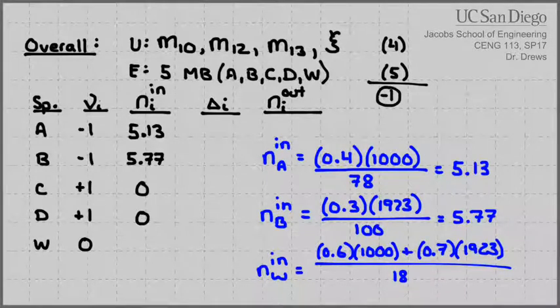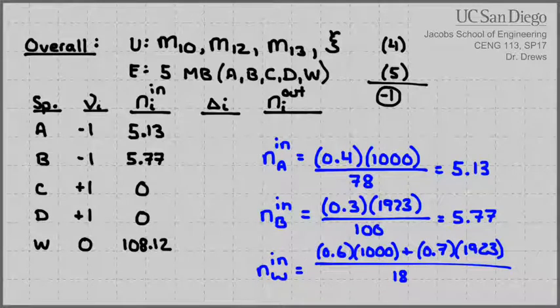So that's 600 plus 0.7 times 1923, all of that divided by 18. Total moles of water coming in is 108. We'll throw a digit on there, about 108.12. We'll just carry around 2 digits of precision here for all of these. Right, so that's all we need.